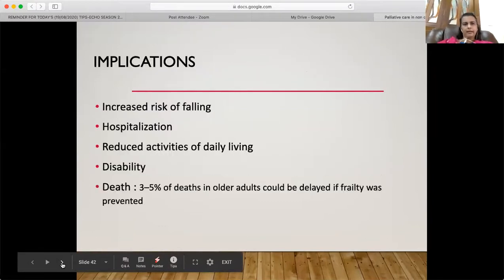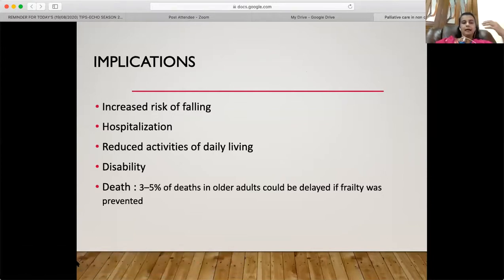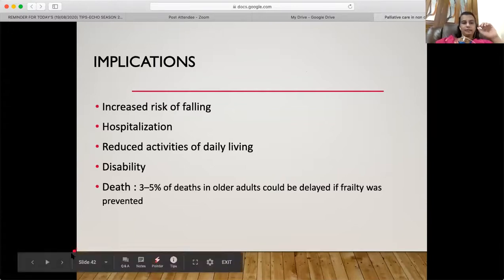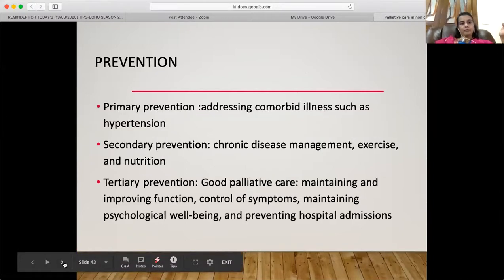It's important to identify them earlier on, because of all these factors they are at increased risk of falling down and increased risk of hospitalization. And if you intervene earlier and prevent frailty in these elderly adults, 3 to 5% of deaths in older adults can be delayed. So how do you do that?